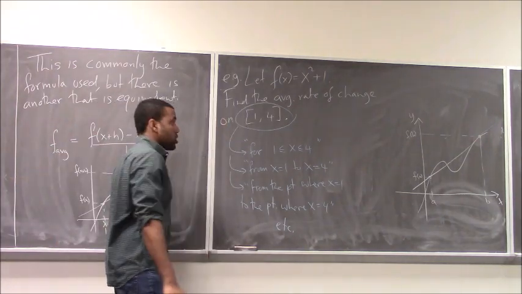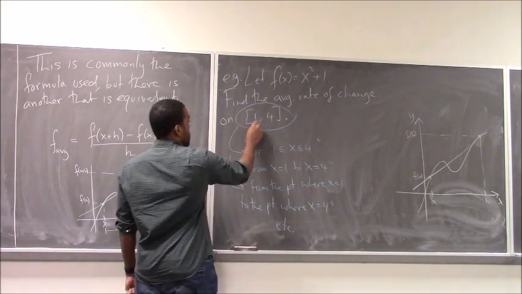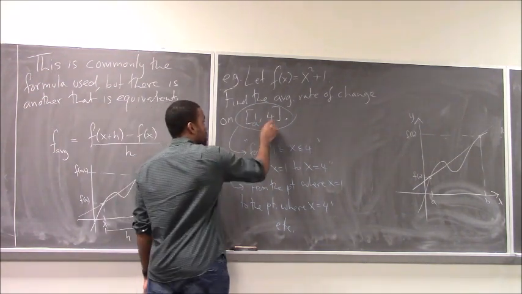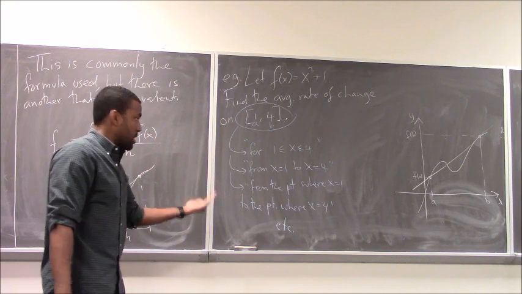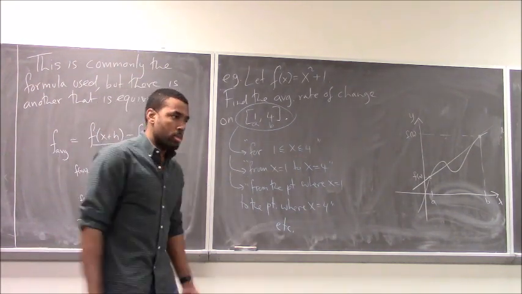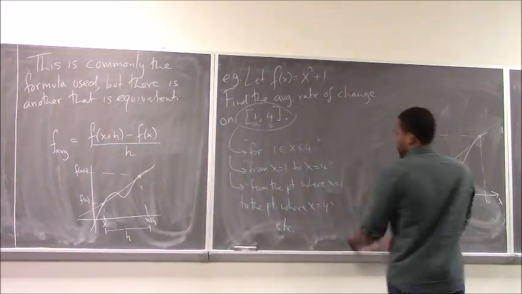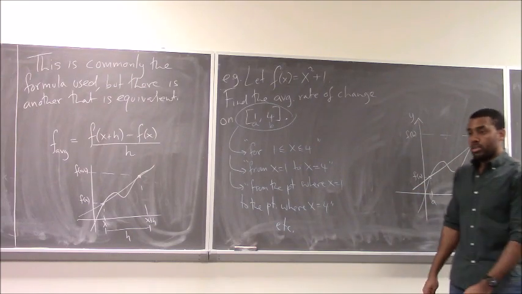At the end of the day, what you should recognize is that the A will be the left endpoint and the B will be the right endpoint. So the smaller value you take to be your A, the larger value you take to be your B. But it will be given to you in one way or another.